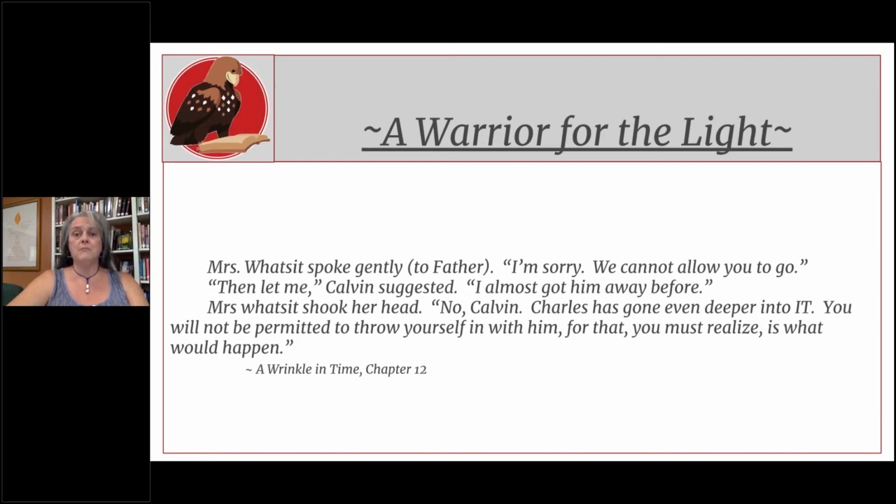I almost got him before, because remember, Calvin's the one with communication. He can connect with people, even alien beings. But Charles has now gone too far for communication, and Calvin, in his relating to peopleness and his communicatingness, would go into it to be with Charles Wallace because he's such a good guy.